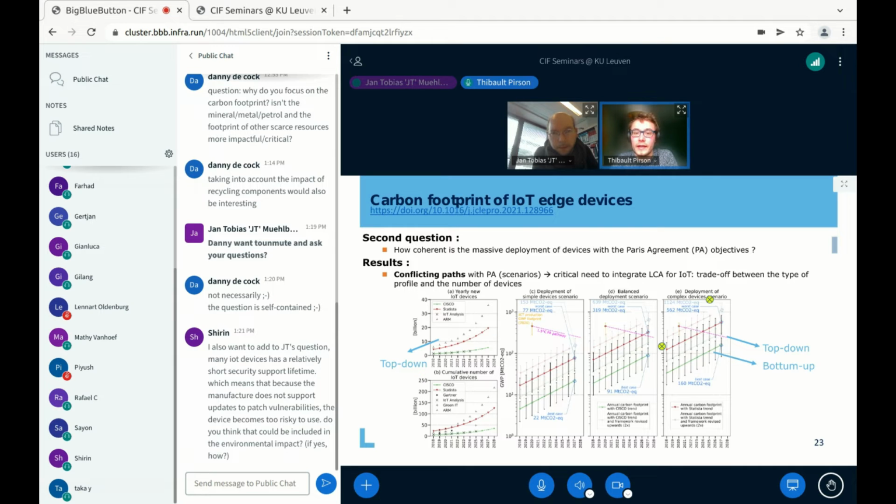Yeah, completely. And this is even more important for IoT devices. Just to make the point very clear, in the framework there is no question about lifetime, because what we try to do is to quantify the environmental impacts, whatever the lifetime. So we just assume that it's a one-shot production, that there is no maintenance to replace something or whatever.